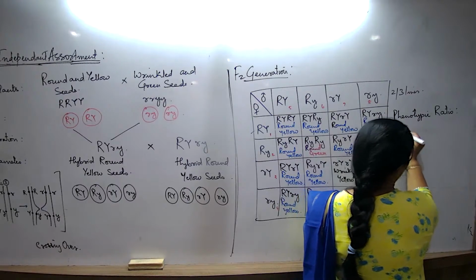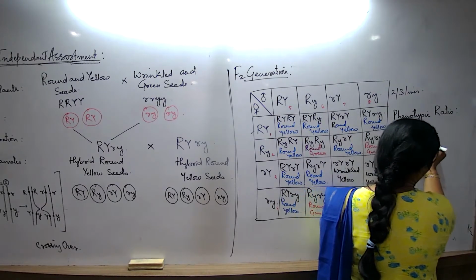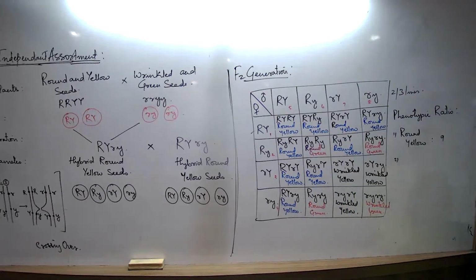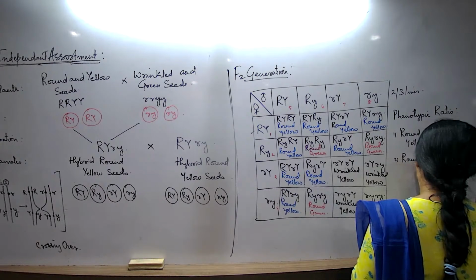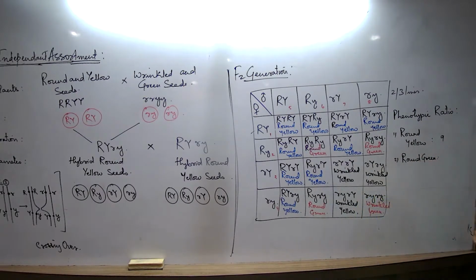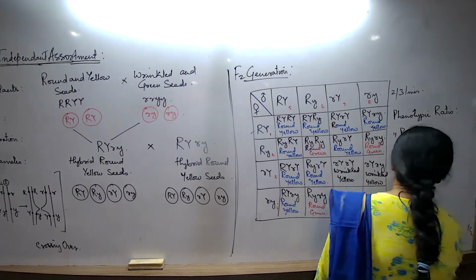How many round yellow plants? 9. What is the second type? Round and green. How many? 3.